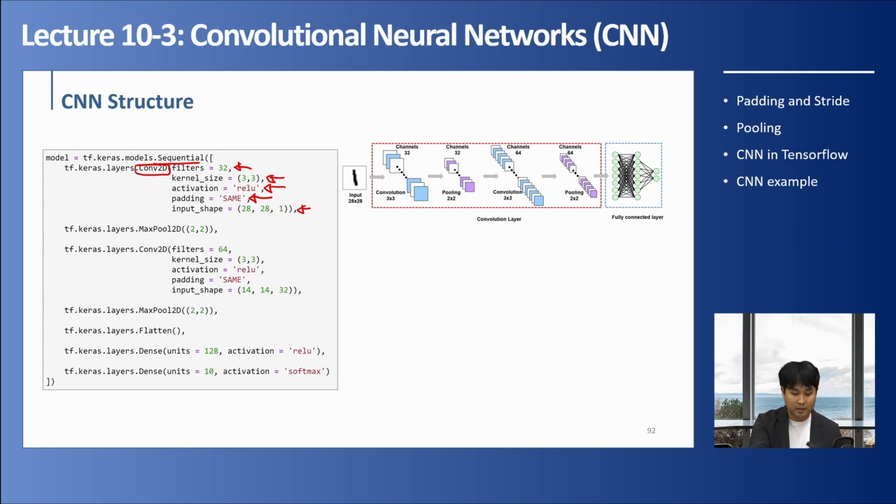And for the max pooling, all we have to do is use tf.keras.layers.MaxPool2D and repeat this process so that we can finish the first part of the CNN. And then for the rest of the CNN, we simply have a fully connected neural network, which is what we've seen in the previous lectures.